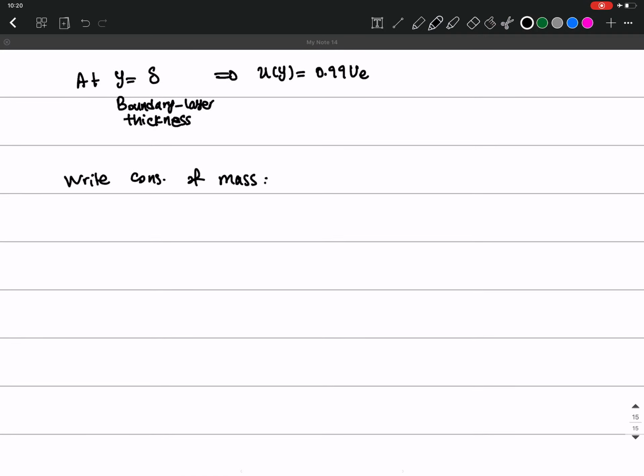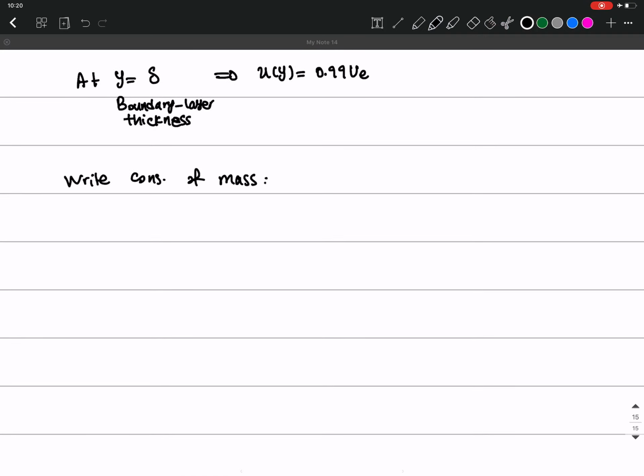Now let's calculate it. I'll write it here, then bring it down. For the first part, we have minus rho UE, because it's going into the control volume, so the sign should be negative.